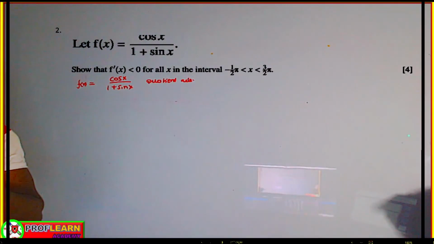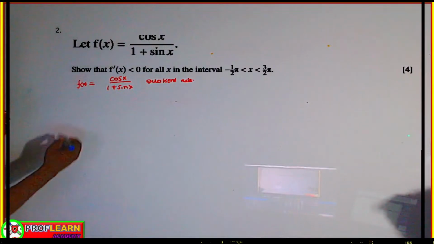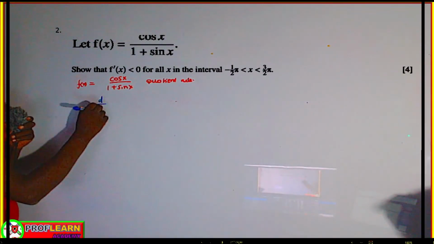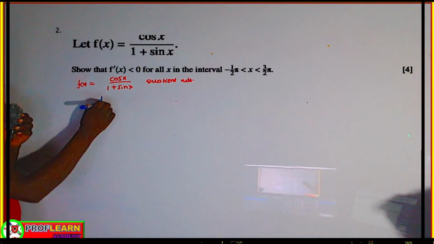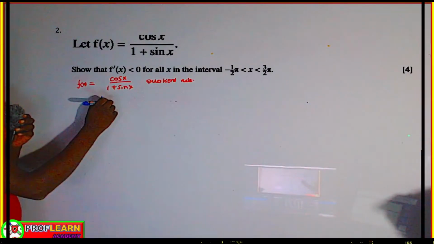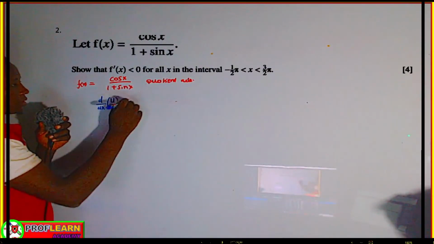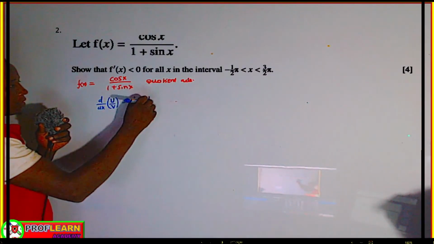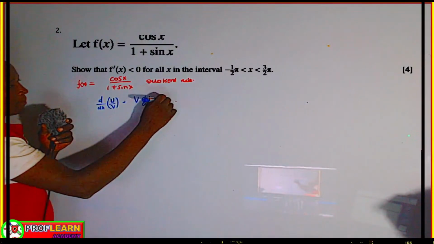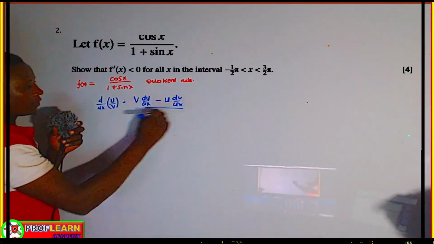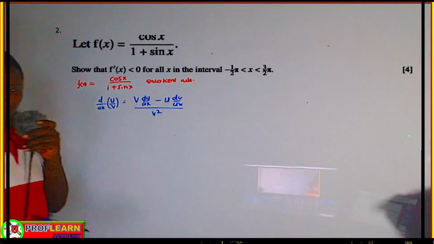So how does the quotient rule state? The quotient rule states that if you are finding d/dx of two functions which are divided like that, then you are going to say v du/dx minus u dv/dx, then divide by v squared.